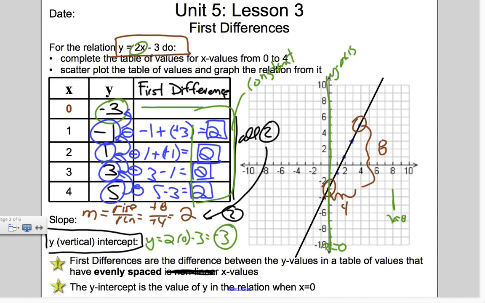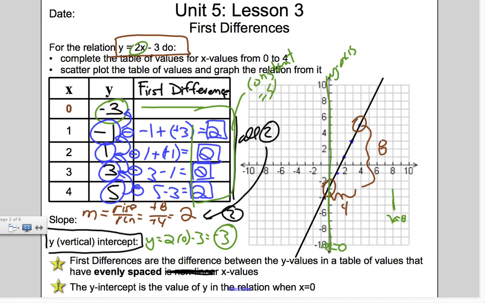And what's the second thing that we noticed? Not only is it a constant, it's also equal to what? We just said it like 30 seconds ago. Not only was this value a constant in a line, it is also the same as the slope, right?